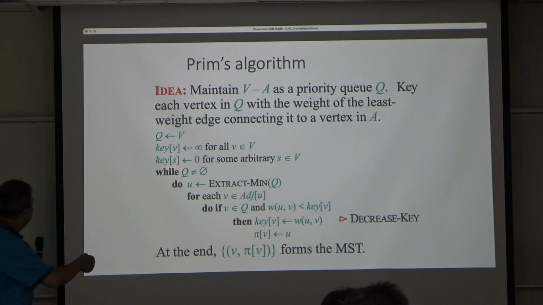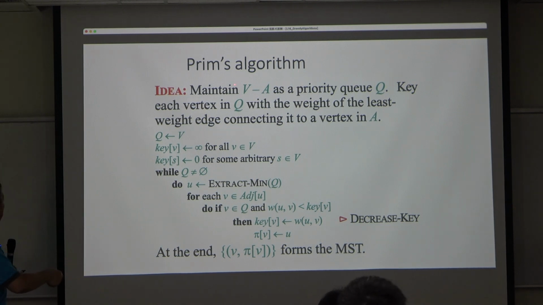So you maintain V minus A as a priority queue. The key in this priority queue will be the weight of the least weight edge connecting this node to a vertex in A.